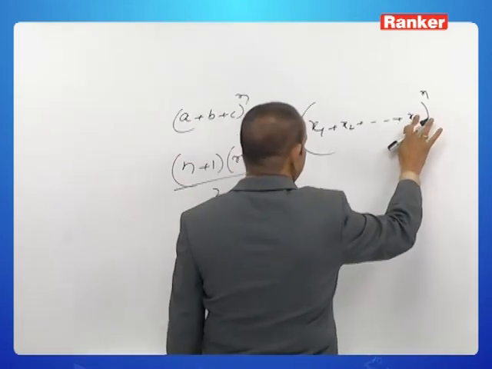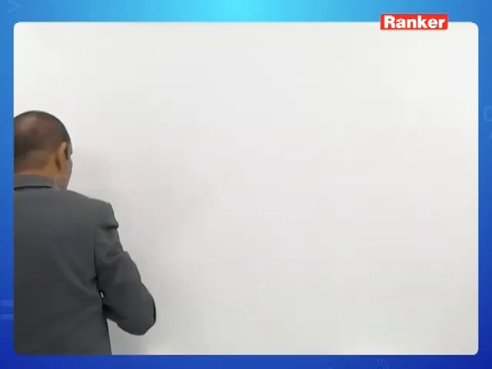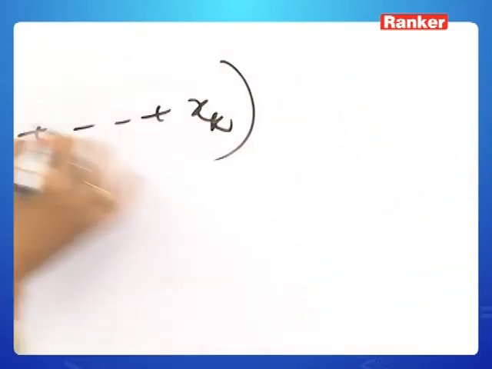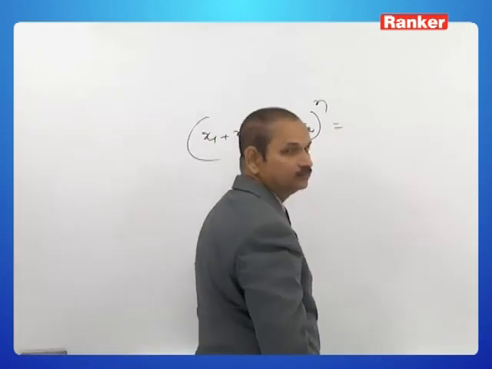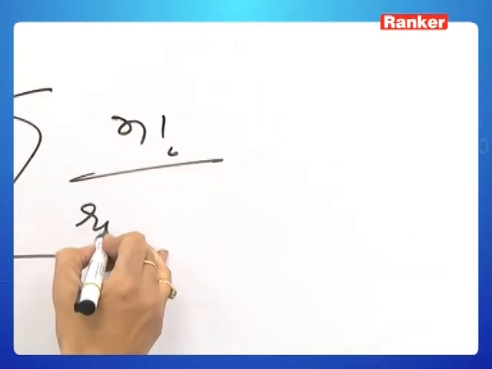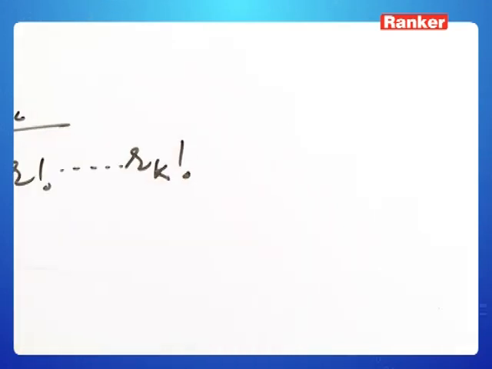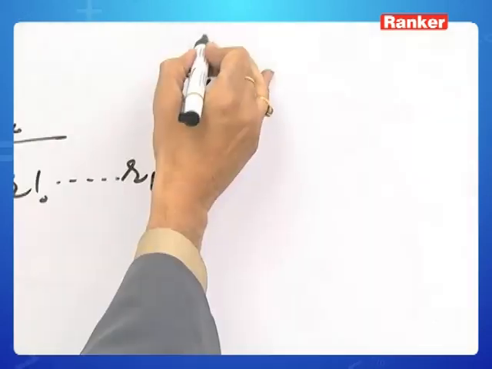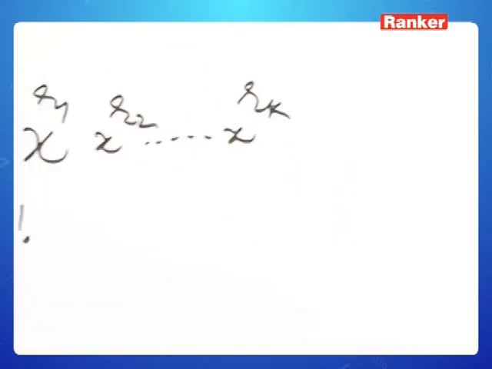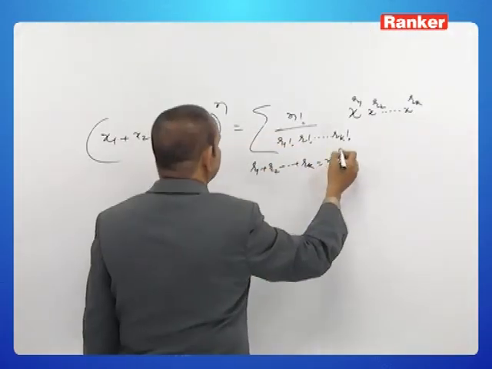The statement which gives the answer for this expansion is the multinomial theorem, and it is very simple of course. (x1 + x2 + x3 + etc. + xk)^n is equal to the sum of n!/(r1! r2! r3! ... rk!) into x1^r1 x2^r2 etc. xk^rk, where r1 + r2 + etc. + rk = n.